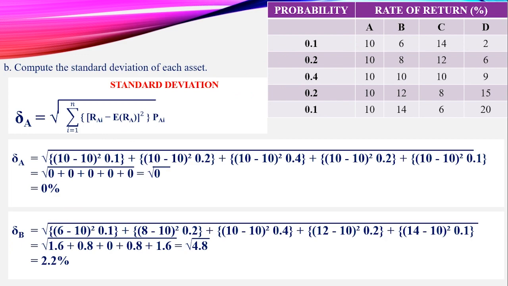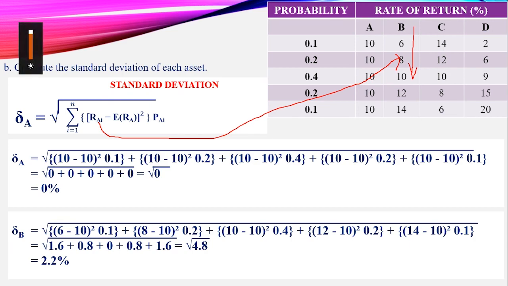Let me look at the next one. The second state of this asset B, remember we are going downwards, right, for asset B. Here we have 8, right? So I take my 8. I less the expected return, which is 10. Then I square everything. That is 8 less 10 is negative 2. Negative 2 squared will give you 4.